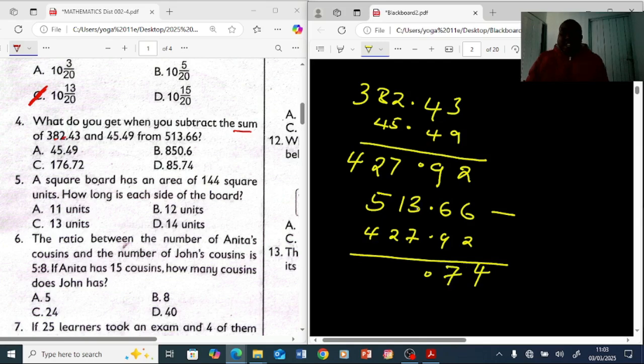We borrowed 1 here, that is 12. 12 minus 7, 5. We borrowed 1 here, that is 0, 10, we borrow 1 from here, 10. 10 minus this, 8. So the answer is 85.74, D.